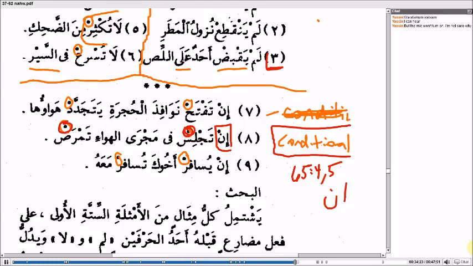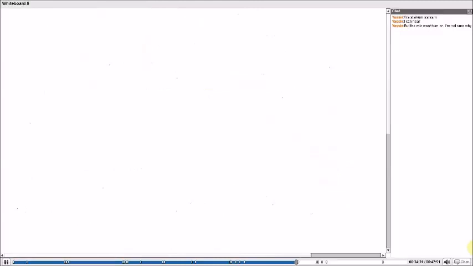To give you a quick rundown, so we can skip the next chapter next week and make it easy on us: unless there is something in front of a verb, like yasiru, ya'udu, yadhabu.